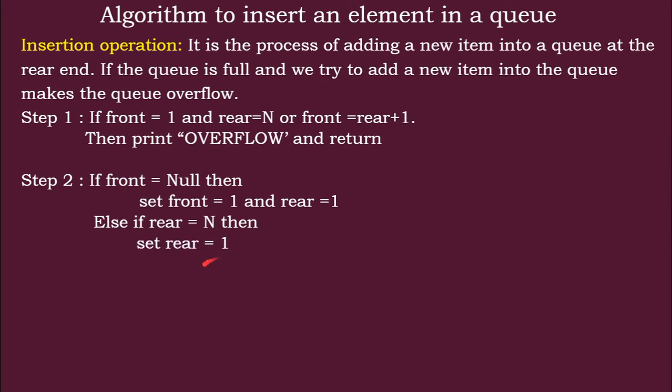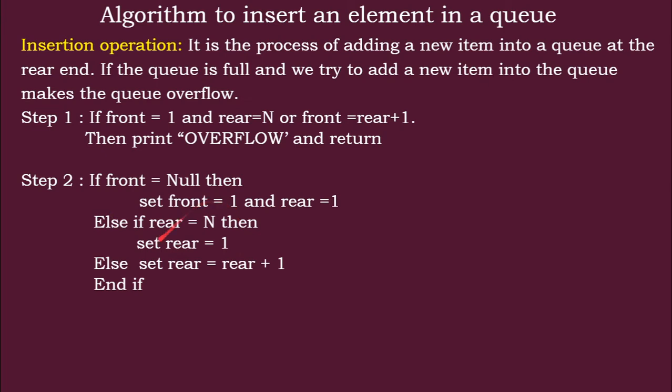That means if the rear has come to the last position, now the rear has to move to the first one because it works like a circular queue. Otherwise set rear is equal to rear plus 1. So we can keep on incrementing the rear in order to insert the element in the queue. End if.